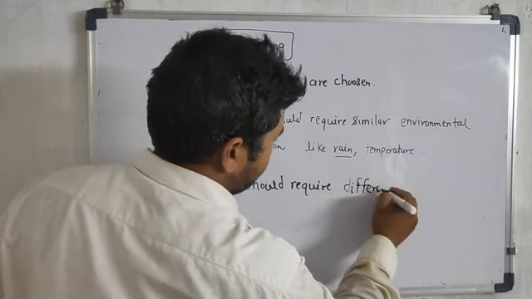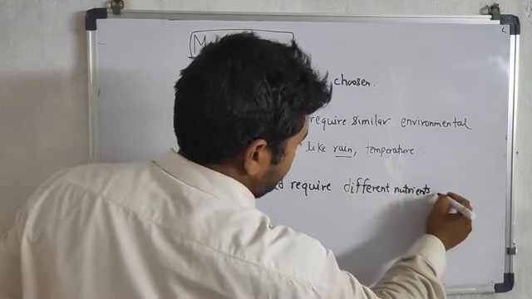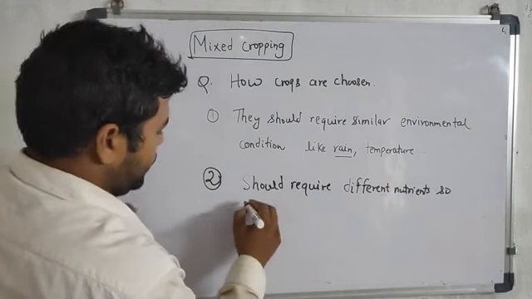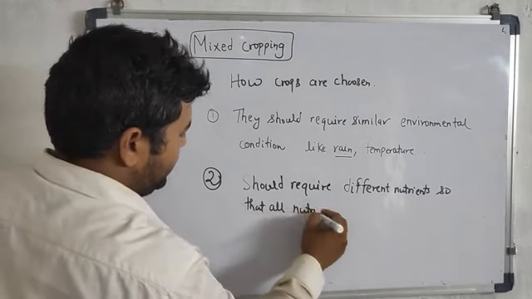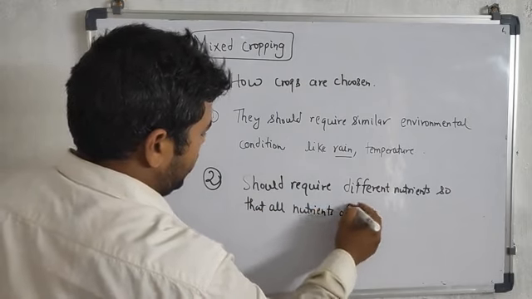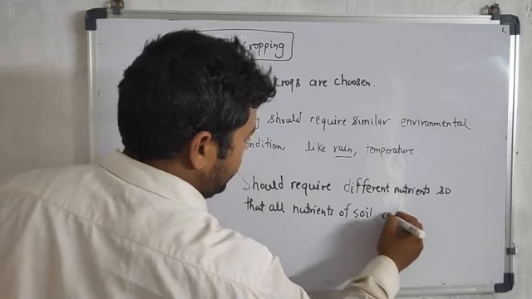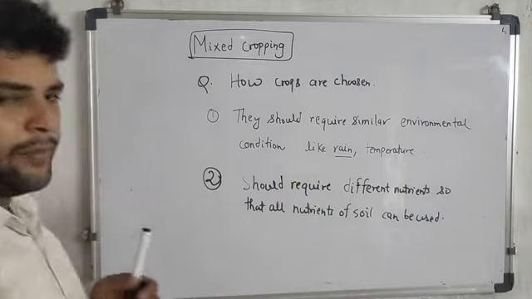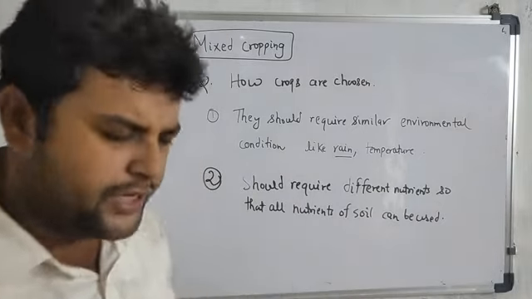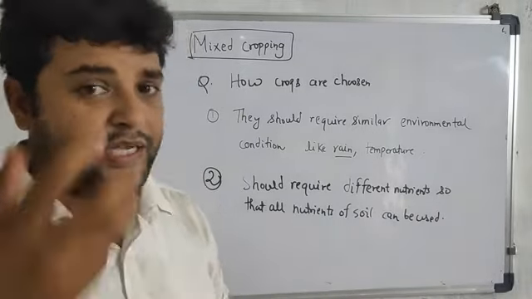This means if the requirement of both the crops, either wheat or gram, were the same, then the same nutrient would be depleted.